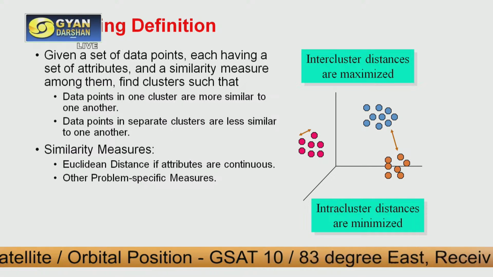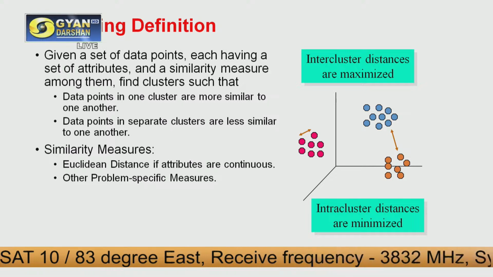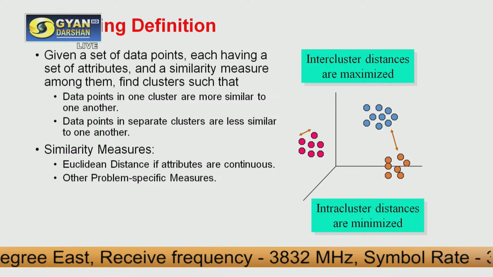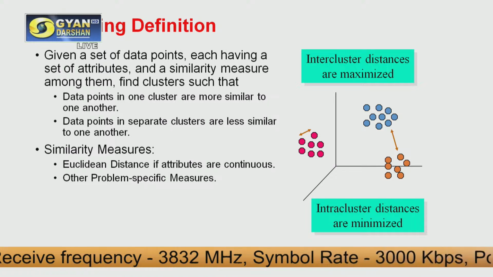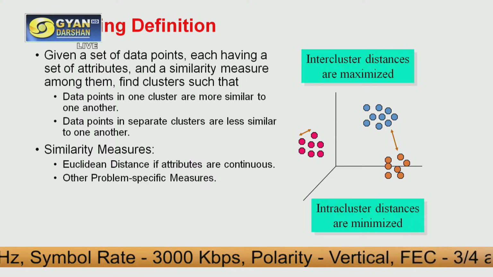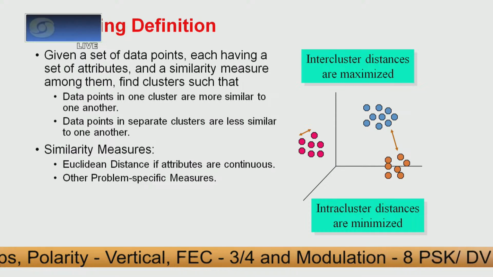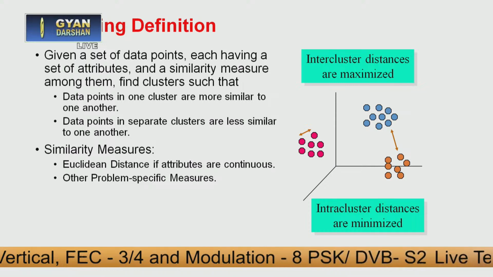Another bidirectional arrow I have shown in orange color. That means I am looking for cluster distances that should be very far, they should be maximized, right? So given a set of data points, each having a set of attributes, right?